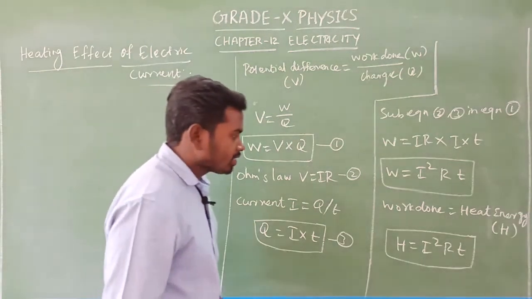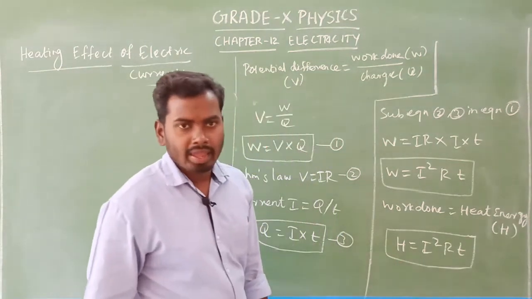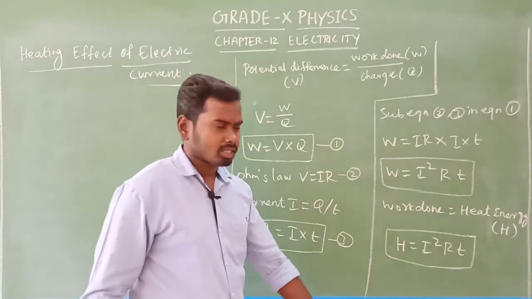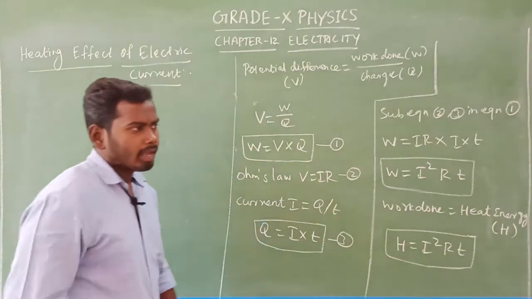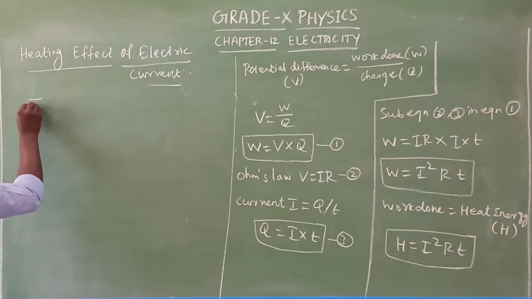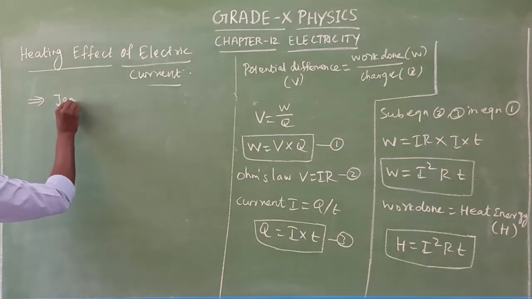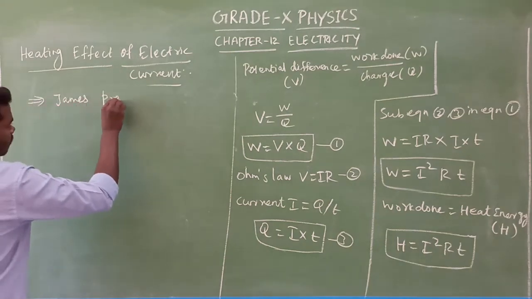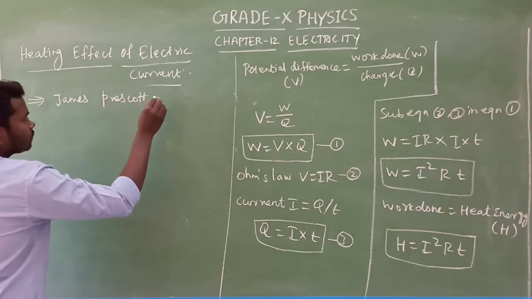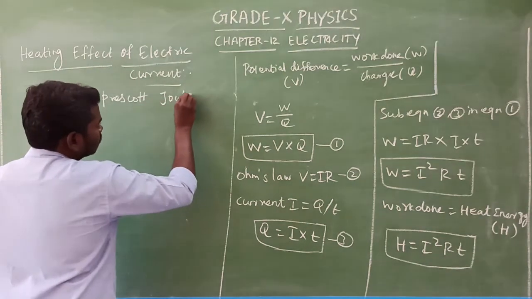Here, the heat energy produced by any electrical appliance, that formula was found by James Prescott Joule. That scientist's name is James Prescott Joule.